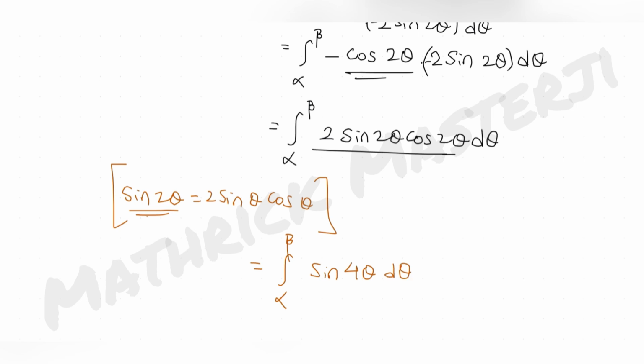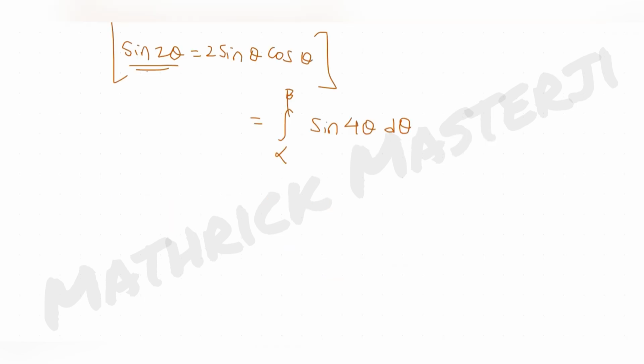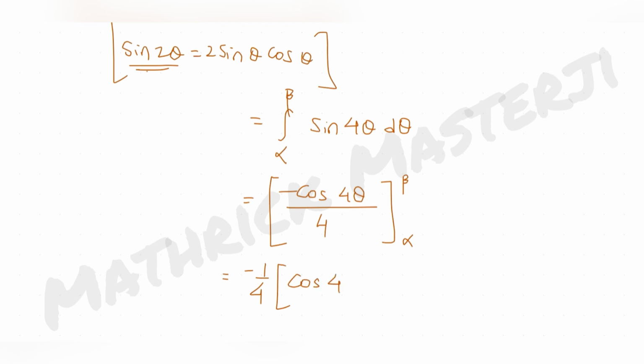And we know the integral of sine theta is minus cos theta, so it will become minus cos 4 theta, and dividing by the coefficient of theta, which is 4, limits going from alpha to beta. So I have basically minus 1 over 4 cos 4 theta, limits going from alpha to beta. And now once I have cos 4 theta, if I use my idea of double angles again, I know cos 2 theta is 2 cos square theta minus 1.